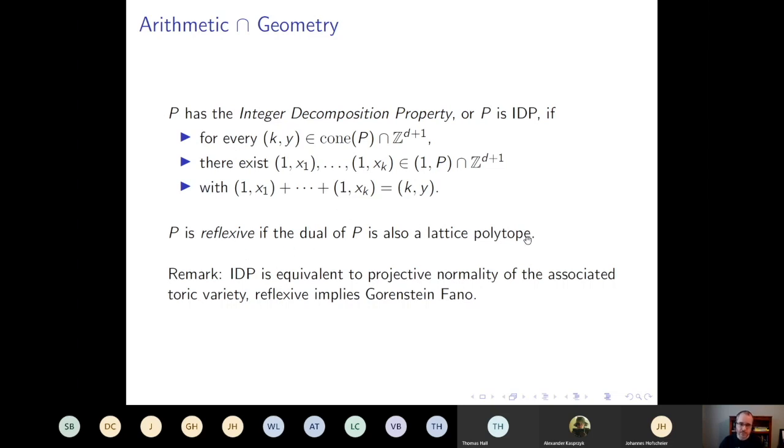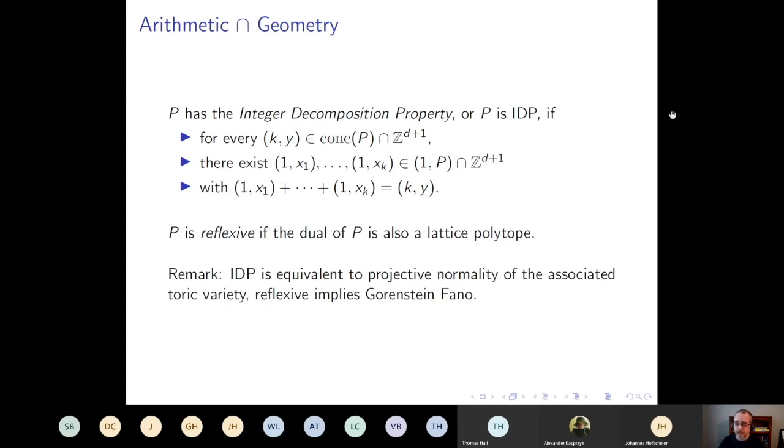And the second is that P is reflexive if the dual of P is also a lattice polytope. And the remark I'll make is that IDP is equivalent to projective normality of the associated toric variety, the toric variety associated to P, and reflexivity implies Gorenstein-Fano for that variety. By the way, correct me if I do any of these dictionary translations wrong.